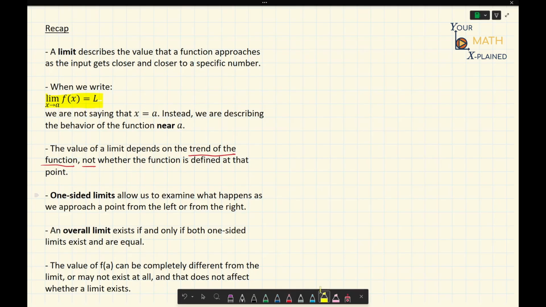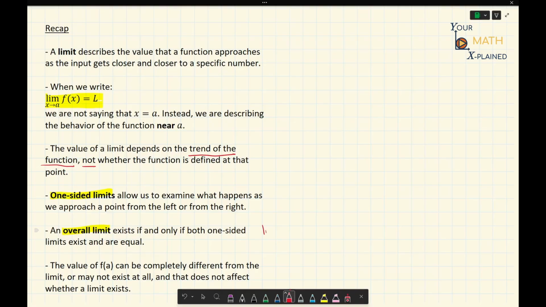We looked at one-sided limits, which allow us to examine what happens as we approach a point either from the left-hand side or from the right-hand side. And we learned that an overall limit exists if and only if both one-sided limits exist and are equal.